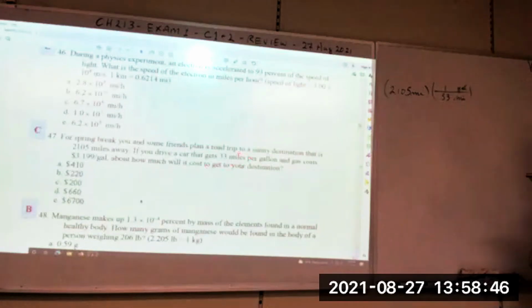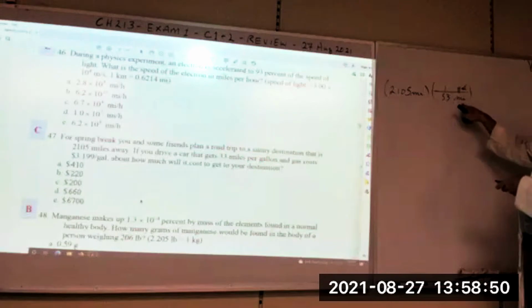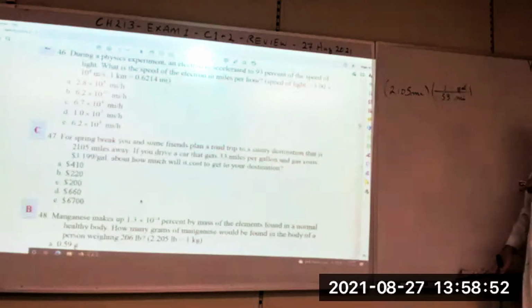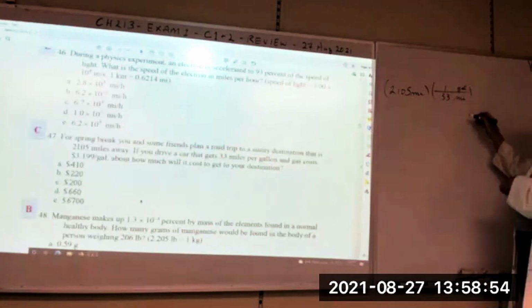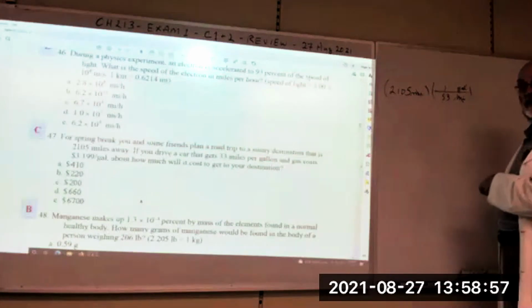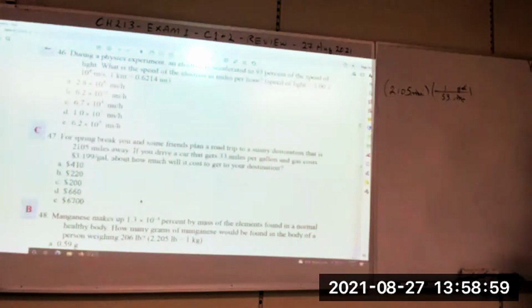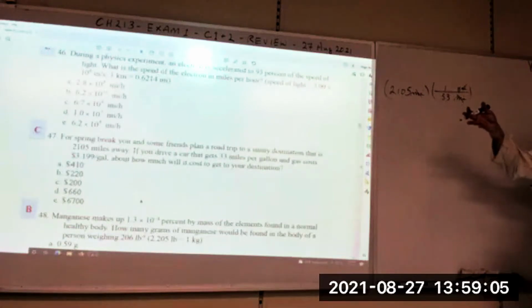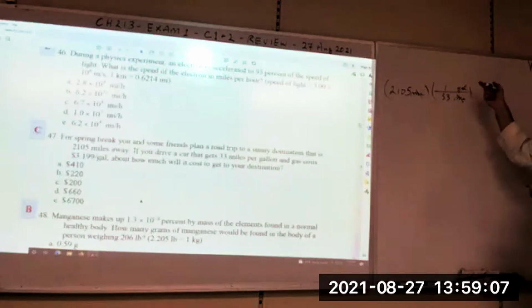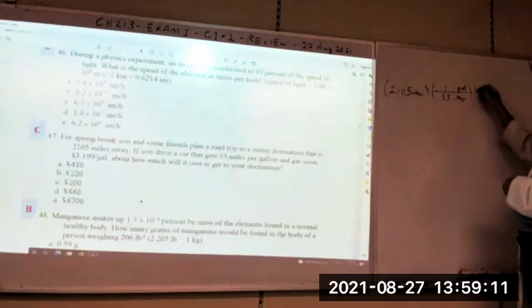Notice that it's listed 33 miles per gallon, but we needed 33 miles in the denominator and gallons in the numerator. That's because otherwise it won't cancel. Can we do that? Yeah. Conversion factors are equal to 1. So you can flip it and it's still equal to 1. So you just put the 1 on top and the 1 on bottom that you need to cancel and leave you.